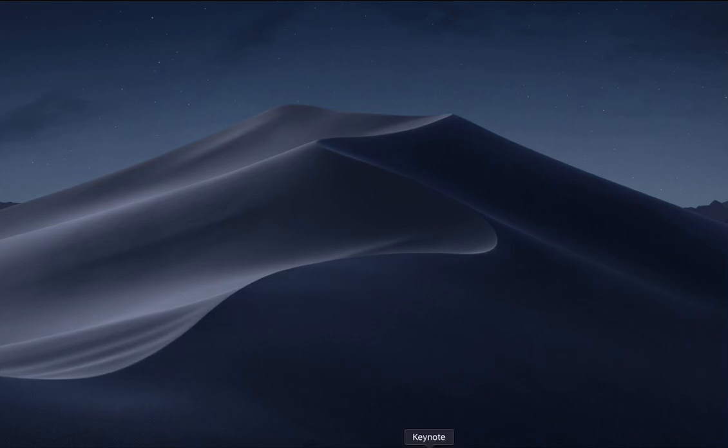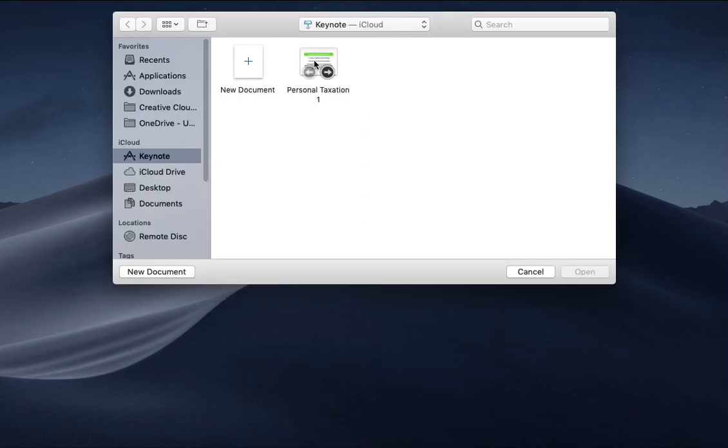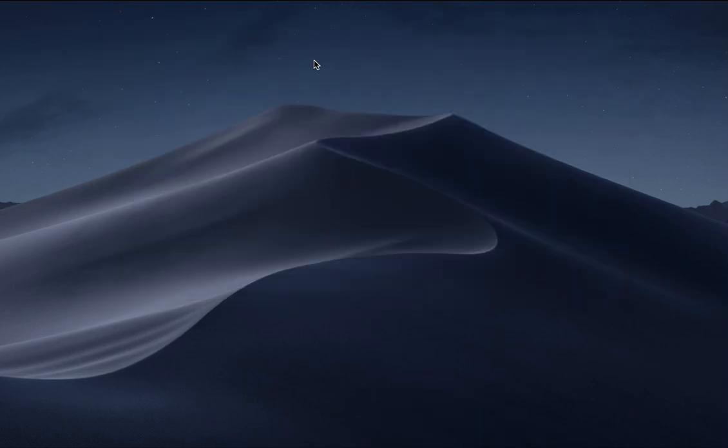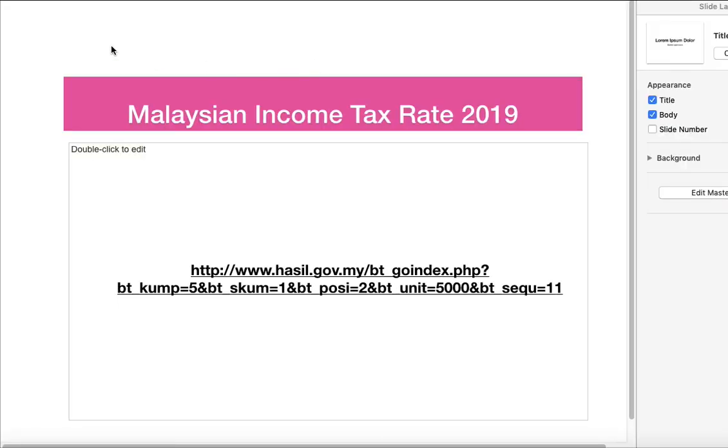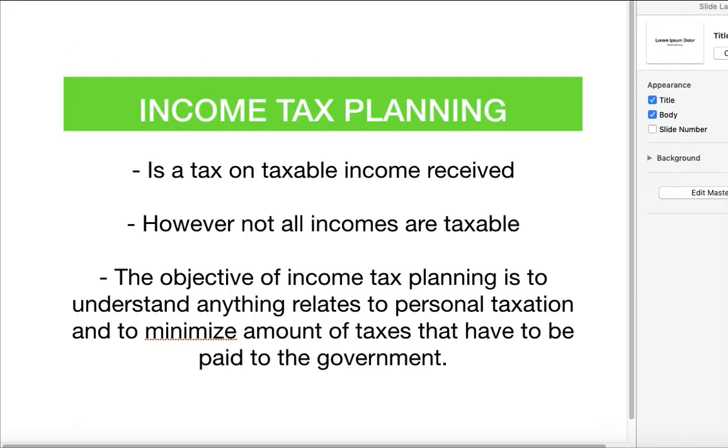So let me show you the slide. Personal taxation. We start with the income tax planning. So this is the simplified one. It's a tax on taxable income received. But however, not all incomes are taxable.